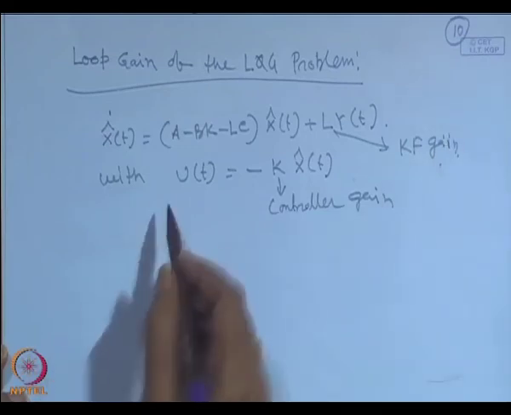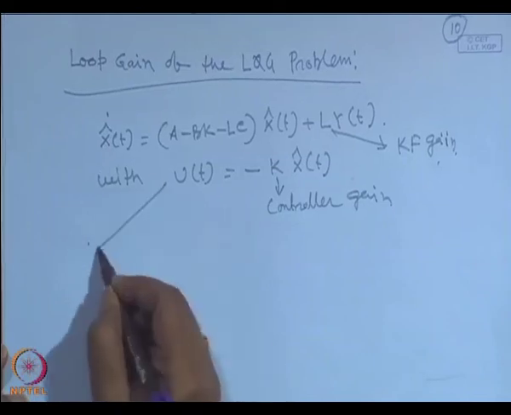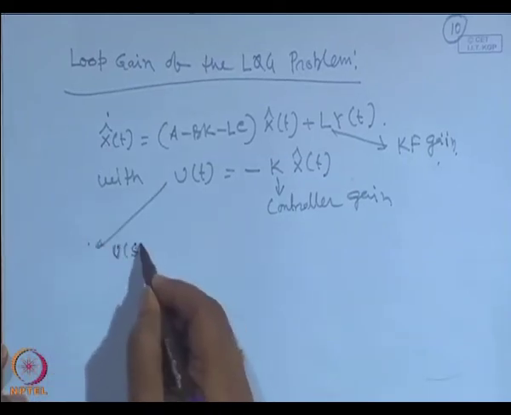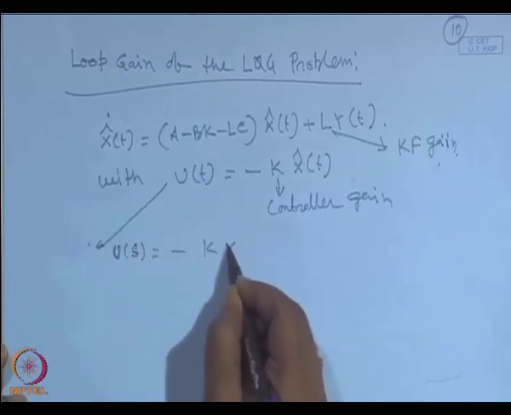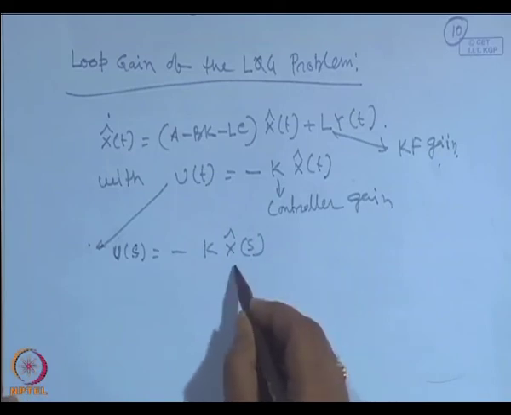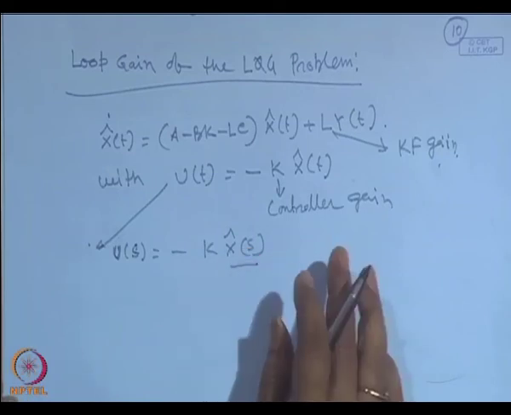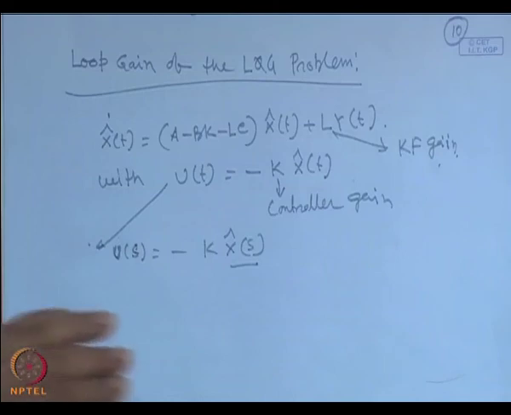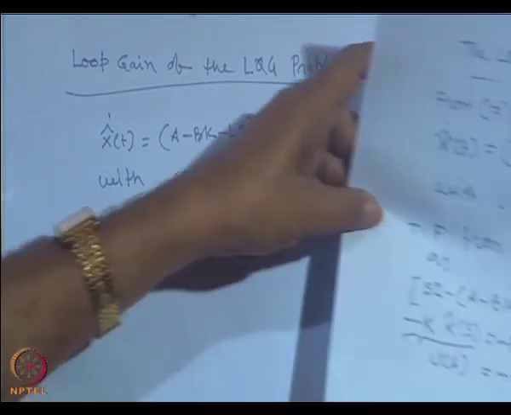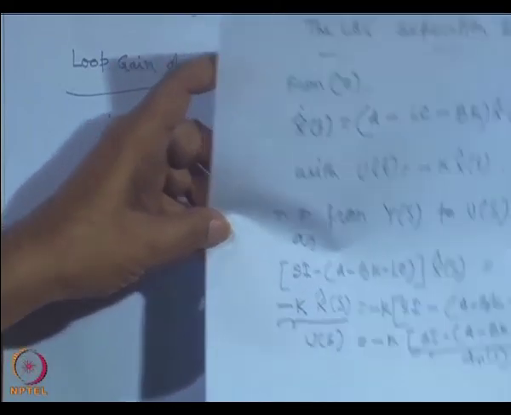Agree? So if you take the Laplace transform on both sides of this equation, u of s is equal to minus k x hat of s, and you know the x hat expression in detail from equation number 10, so we can get it.